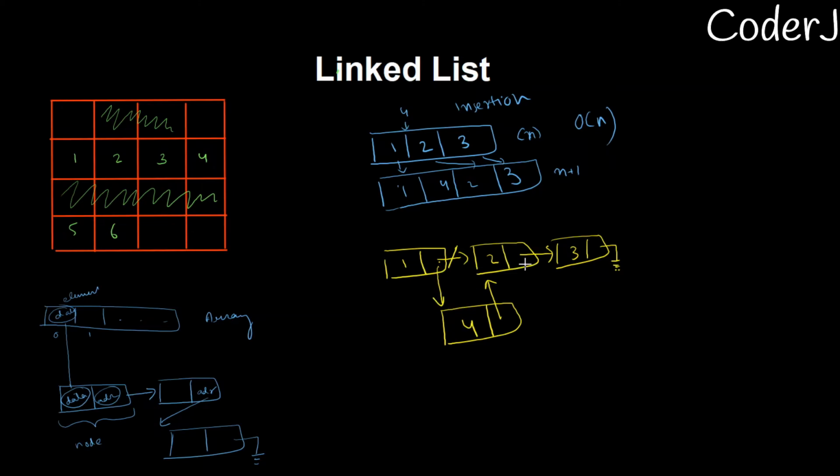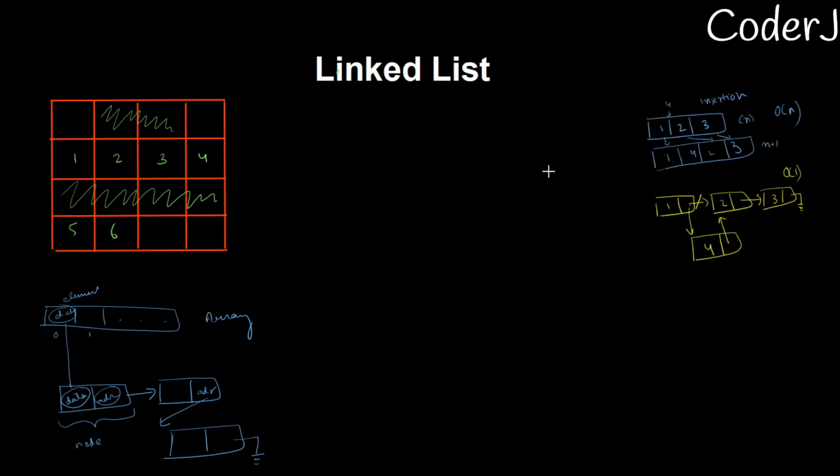You have only used 2 operations as of now. So if it is a constant number of operations, it can be said to have a time complexity of order of 1. So we have seen that insertion is really easy in linked list. It is only of order of 1. However, in arrays it is of order of n. So here, 1 goes to the bucket of linked list. Now let's talk about the searching.